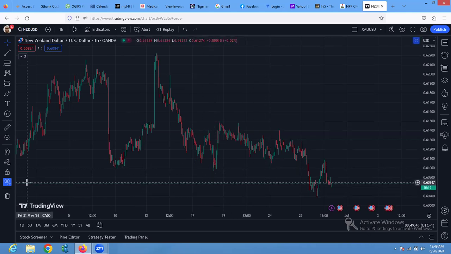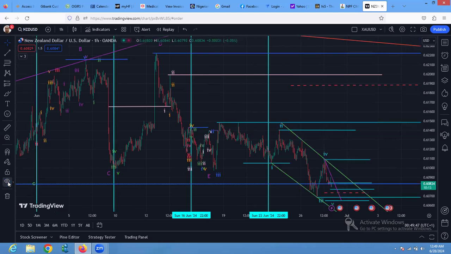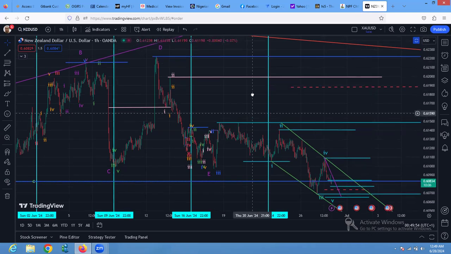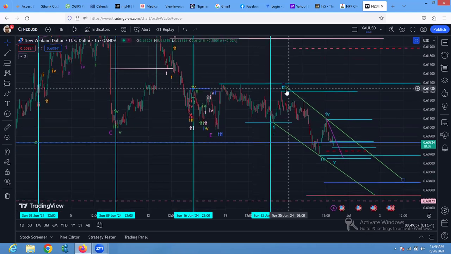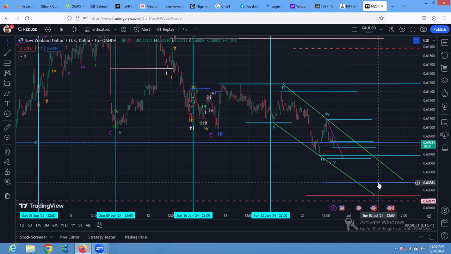If we bring out the drawing, if it's going to give us 100% extension of wave 3, which is this 3, it will come to this point. And if it's going to be equal to wave 1, let's see all those scenarios. This is for wave 1.